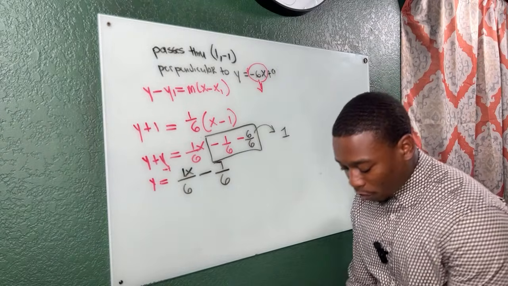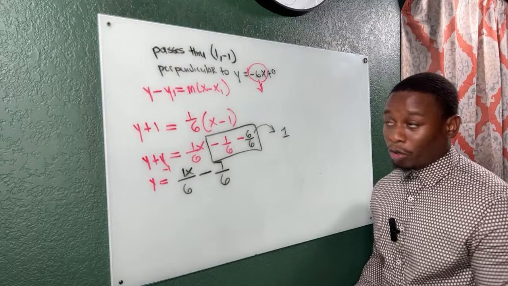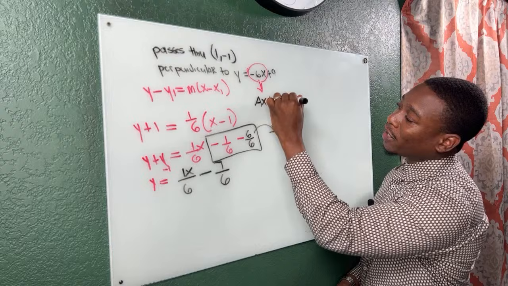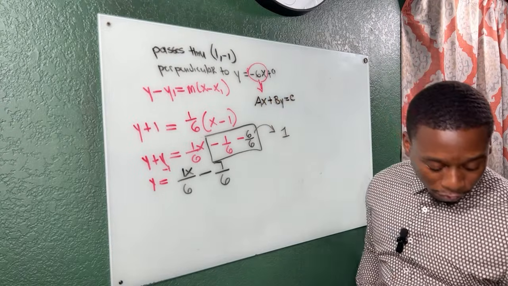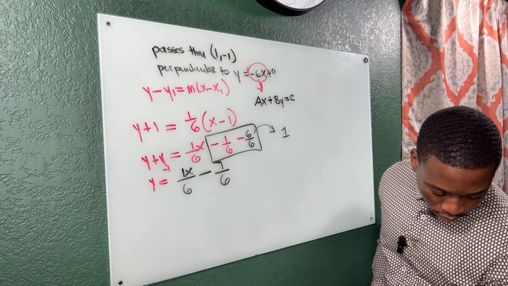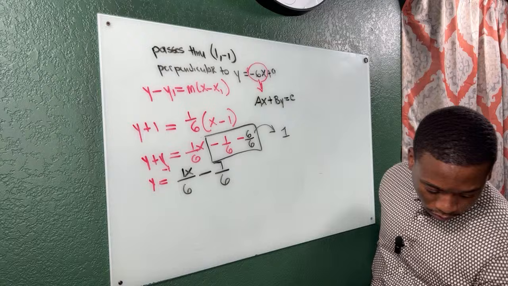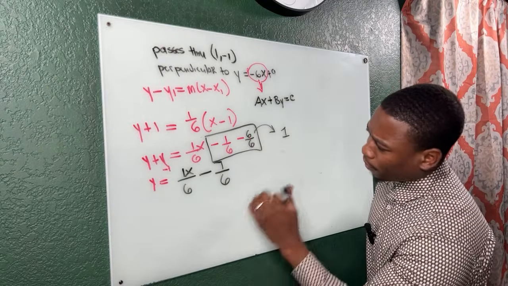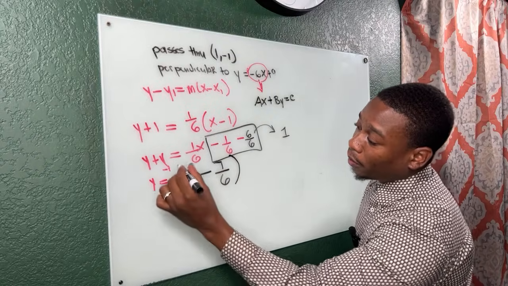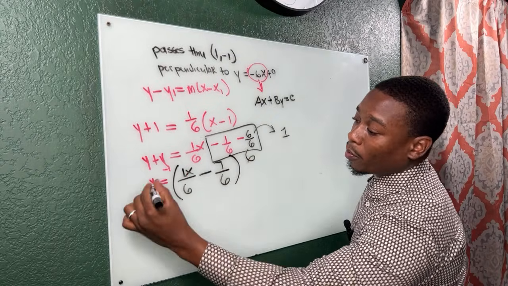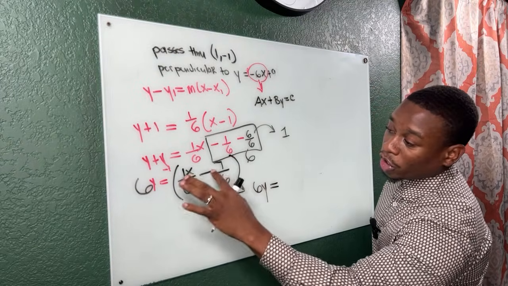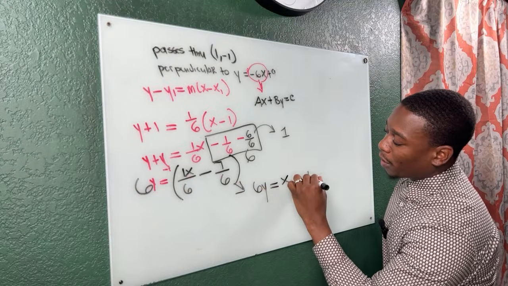Now at this step, we're almost done. It asked us for standard form, so it has to be ax plus by is equal to c, not the slope-intercept form. Okay? All right, so now right here we have to get rid of the fraction. So we're going to multiply this side by 6, multiply this side by 6. So we have 6y is equal to just the numerators, x minus 7.